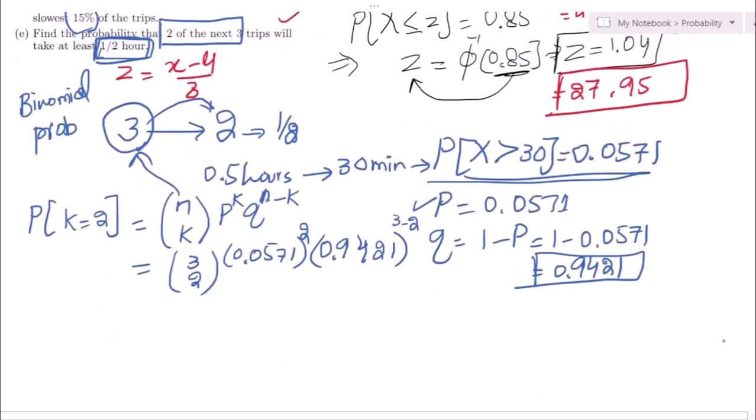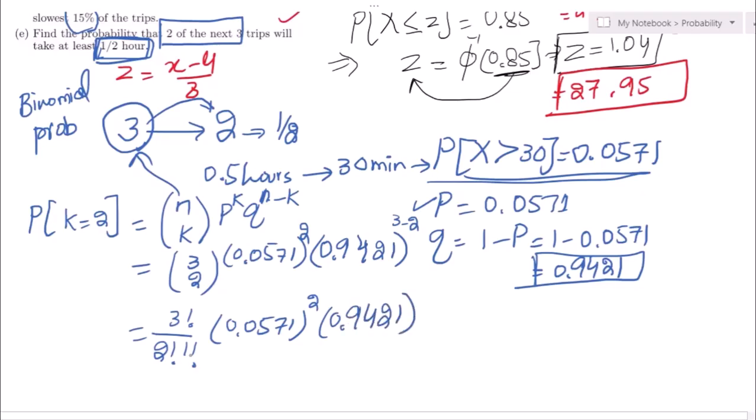Okay, so let me find them out. It is now 3 factorial divided by 2 factorial and multiplied by 3 minus 2, which is 1 factorial. This is now 0.0571 square and 0.9429.